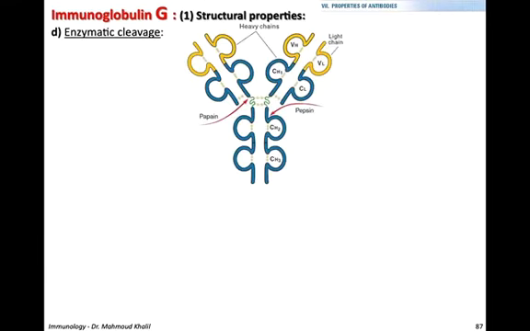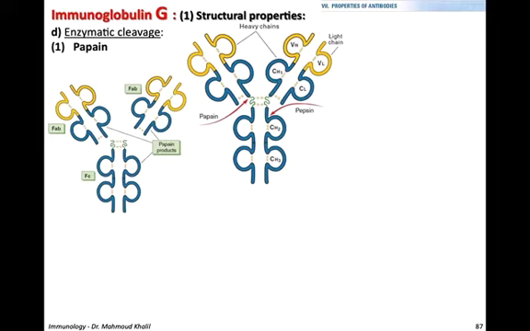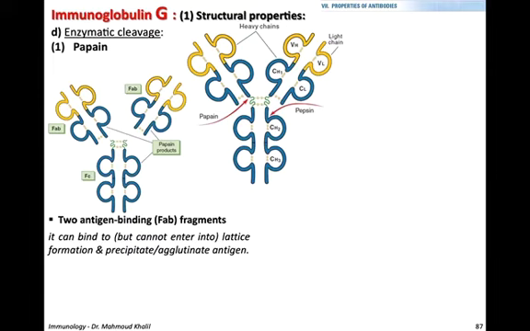For the structure of IgG, you can see that IgG can be cleaved in 2 regions by the effect of 2 enzymes, the papain and the pepsin. The papain can cleave this antibody into 3 different pieces. It will give 2 antigen binding Fab fragments.